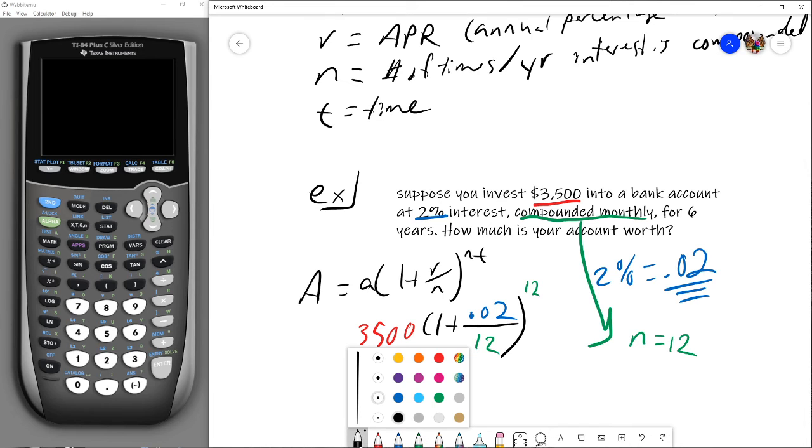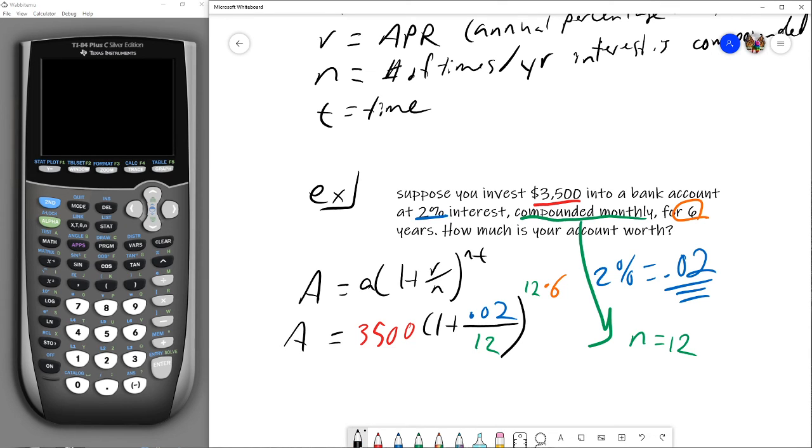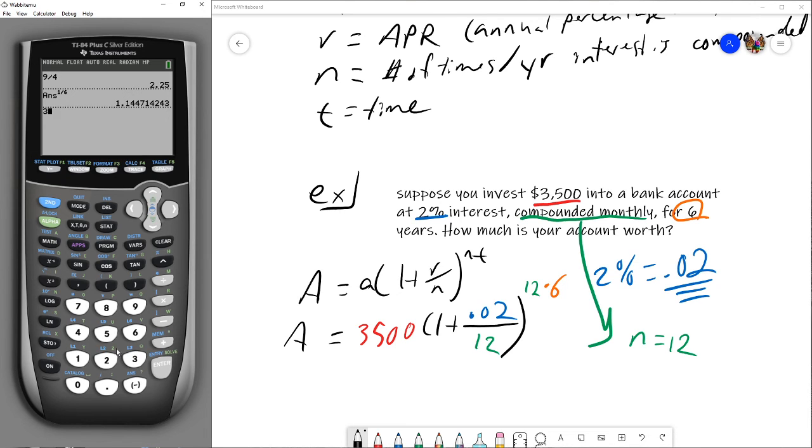We're told that we're leaving our money in there for 6 years, so there's our 6 right here. Now at this point, we are good to go for plugging it all into our calculator. So here's our calculator. So 3,500 times parentheses 1 plus 0.02 divided by 12, to the 12 times 6.